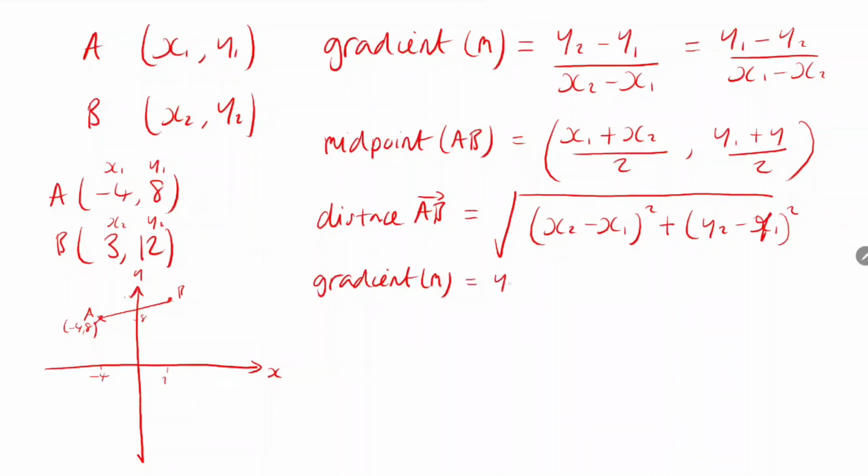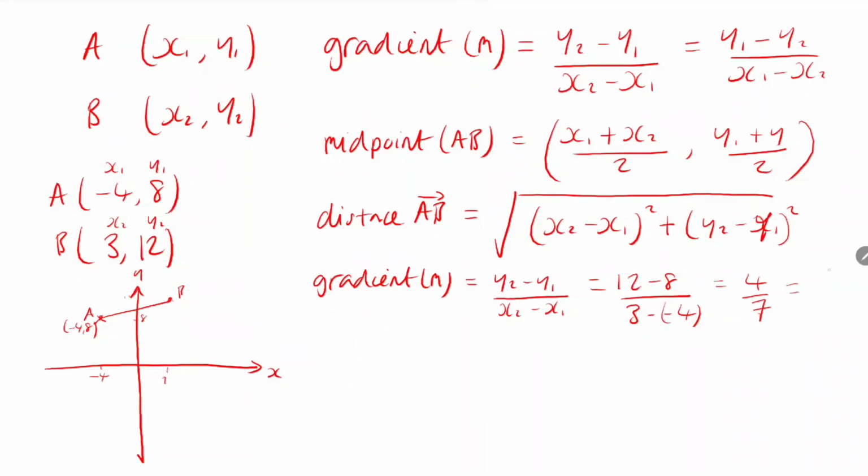Remembering the gradient is equal to y2 minus y1 over x2 minus x1, which gives us 12 minus 8 over 3 minus minus 4. 12 minus 8 is 4. 3 minus minus 4 is 7. And that gives us a gradient of 4 sevenths.